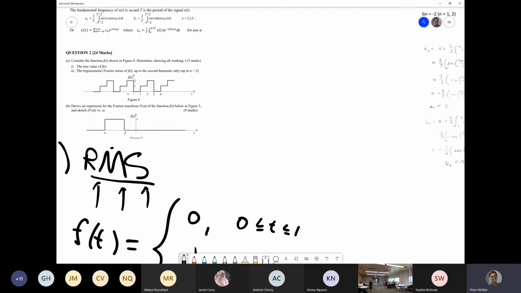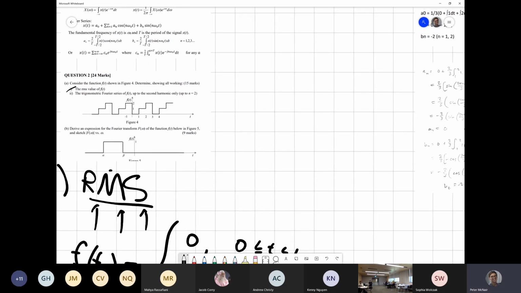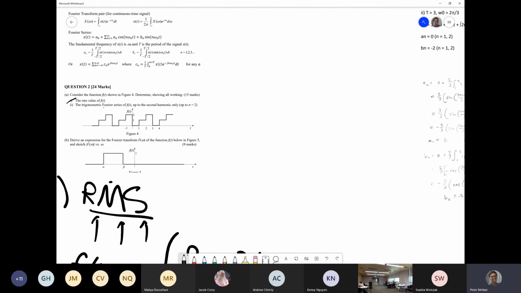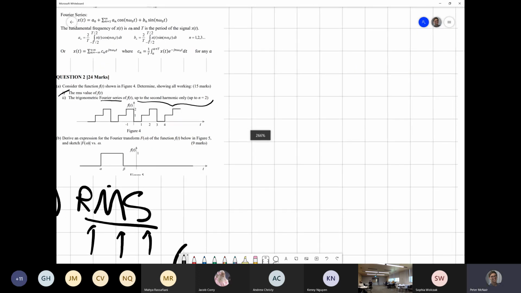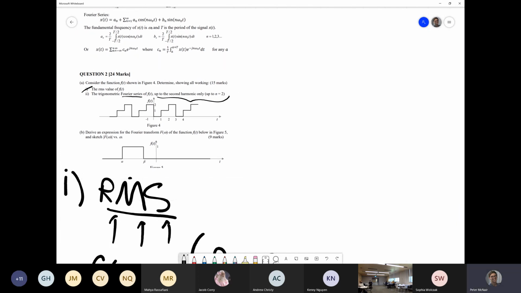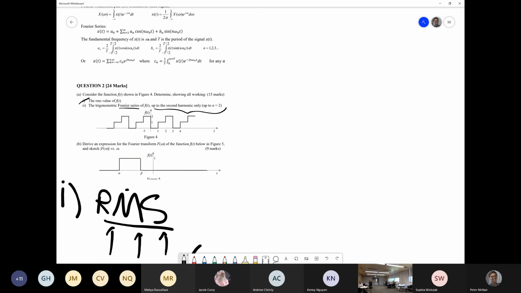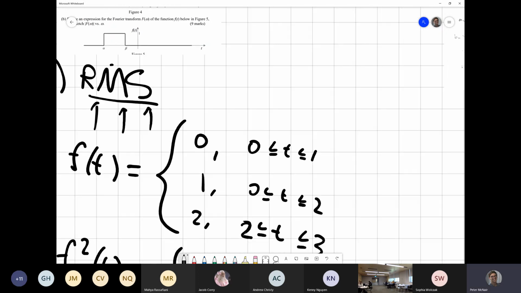So we've done this part I, we've taken the RMS value. Now we're looking for the trigonometric Fourier series up to the second harmonic. So maybe if everyone wants to quickly jot down the question or take a screenshot, because there's not a whole lot of room, oh, actually, I might be able to work here. So remember from before, we've got this expression for f.